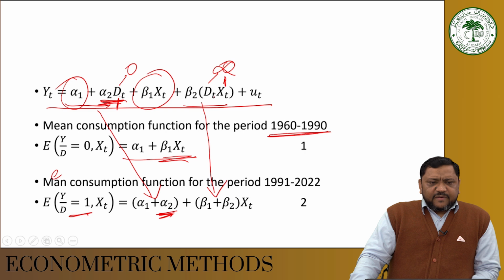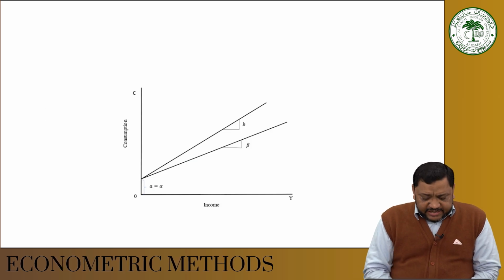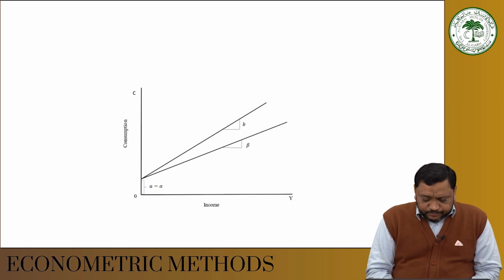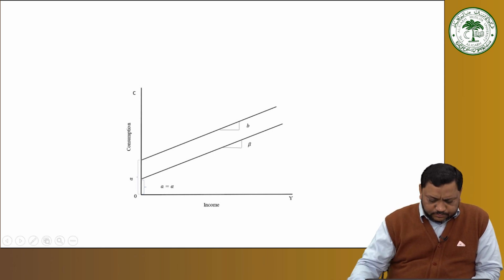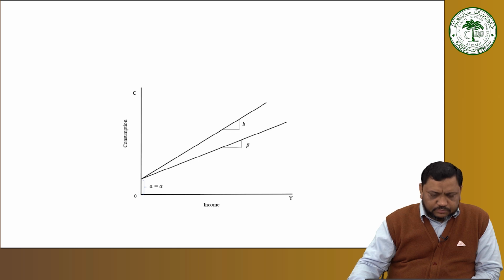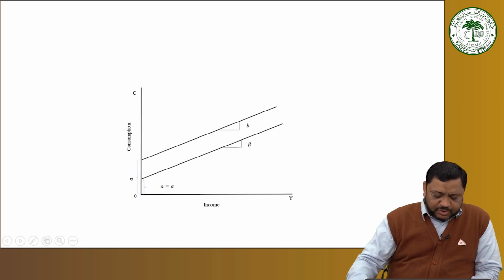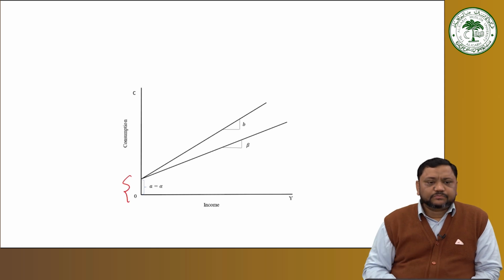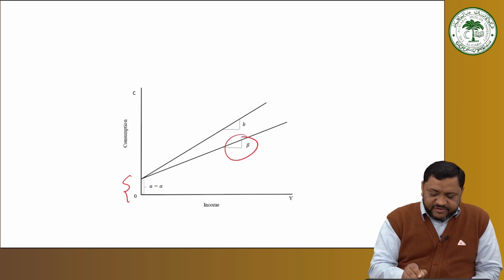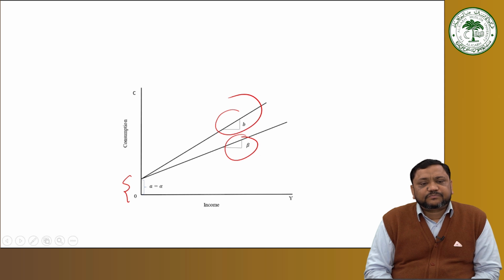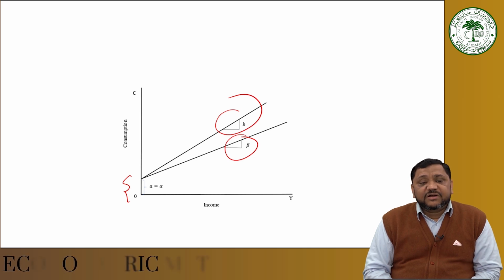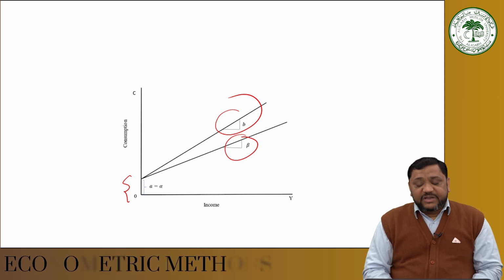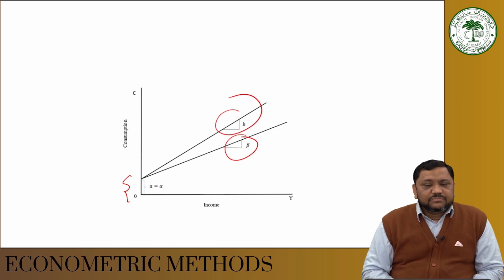We can see this by certain diagrams. In this case the intercept is the same for both, but the slope is different. So if the differential intercept alpha 2 is statistically insignificant, we can say that both regression lines have the same intercept.